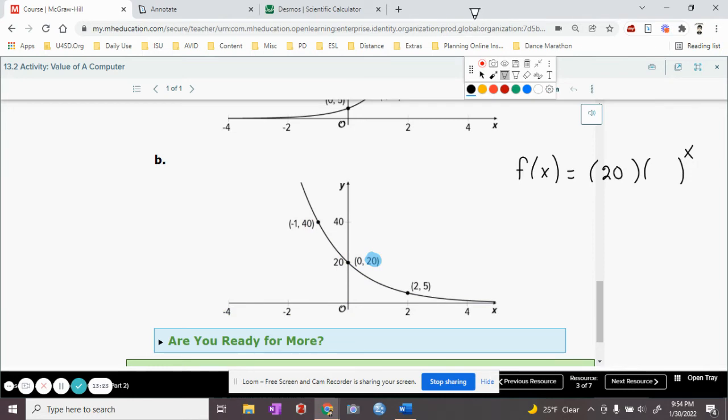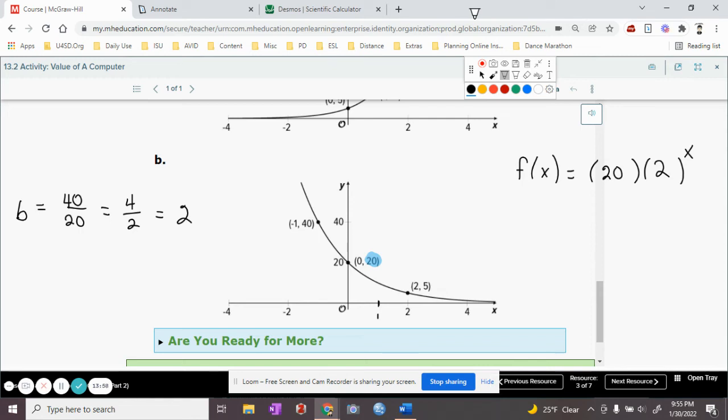And then we're going to check our term divided by the previous term. And we go from -1 to 0, so that's one step. Then we go from 0 to 2, so that there's a step missing in there. Okay, so I am going to check for my b value using 40 divided by 20. Okay, and that gives me 4/2 or 2. So 20 times 2 to the x.